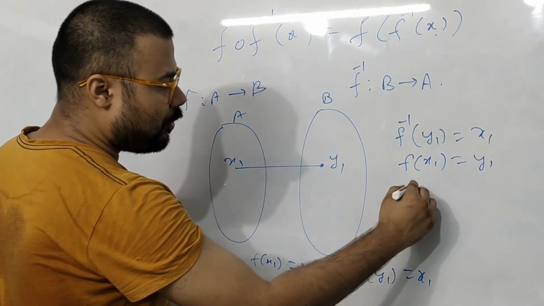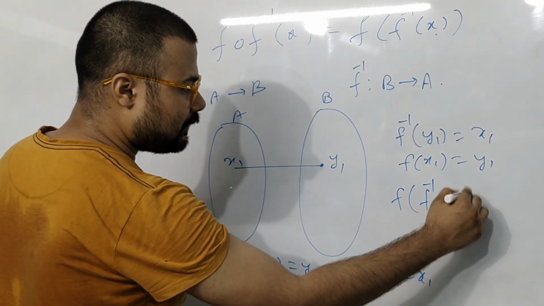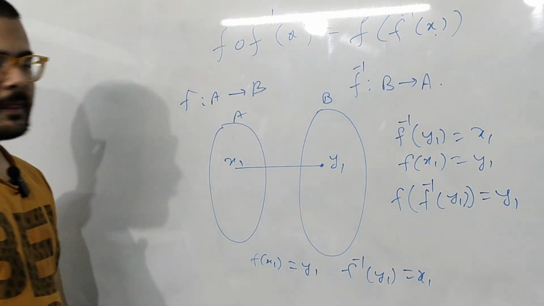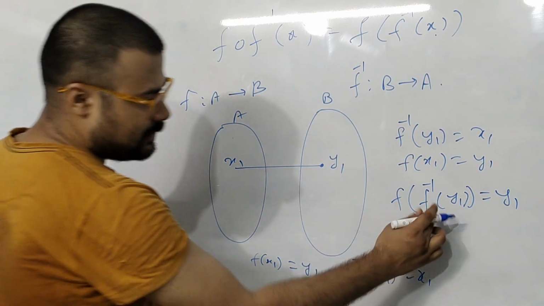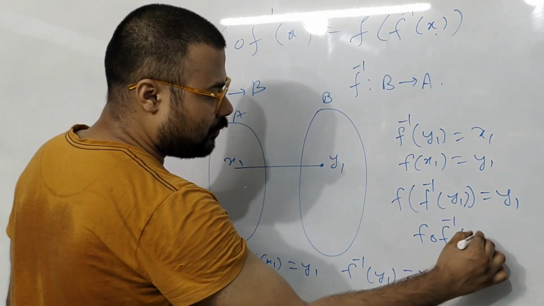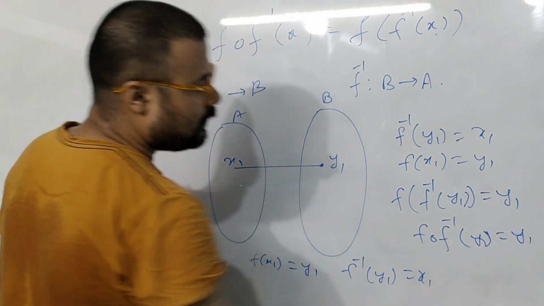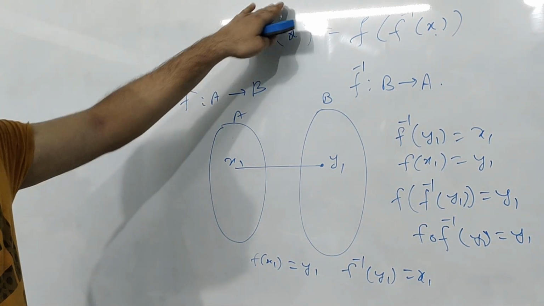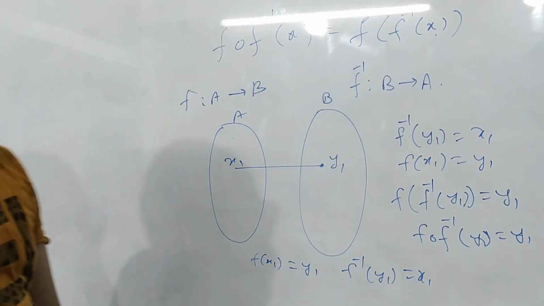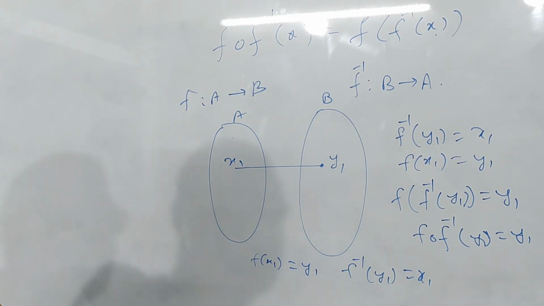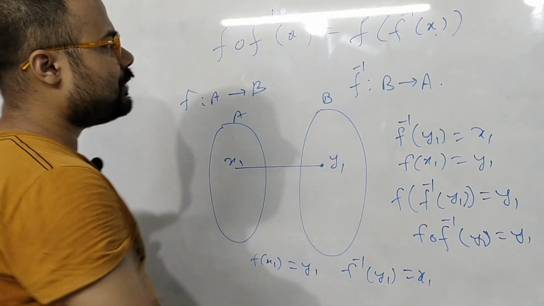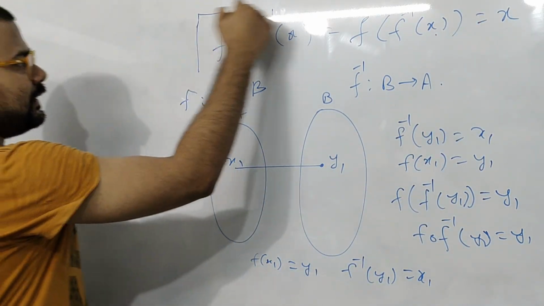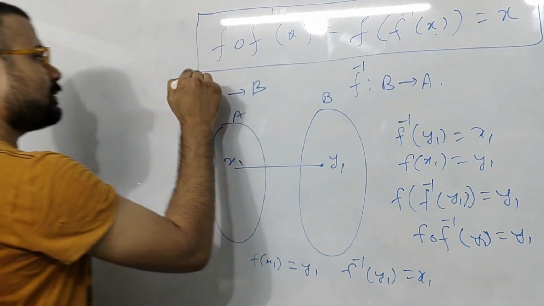So if I do f of f inverse of y1, what you get is y1. So f of f inverse gives you an identity function. Similarly, f of f inverse of x is equal to x.